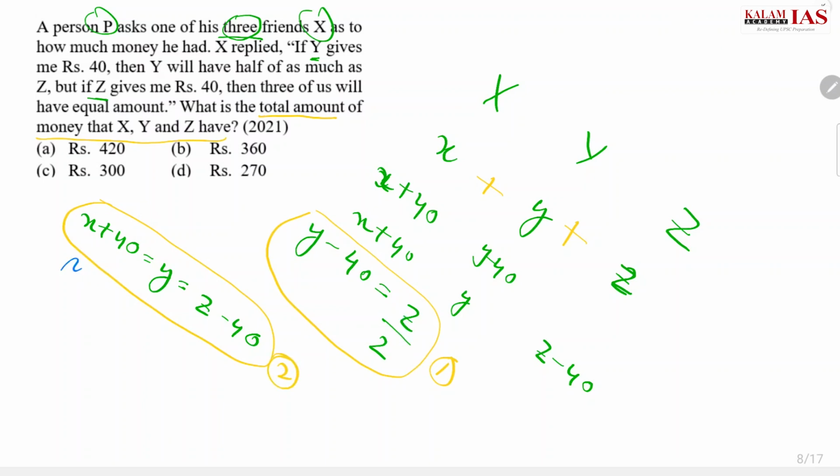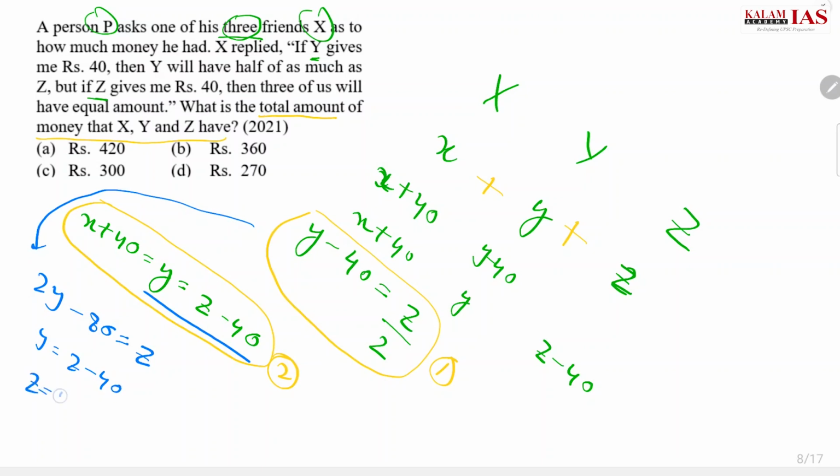So cross multiplying here we get 2y minus 80 equals Z. And from this relation we have y equals Z minus 40, which we can write as Z equals y plus 40.